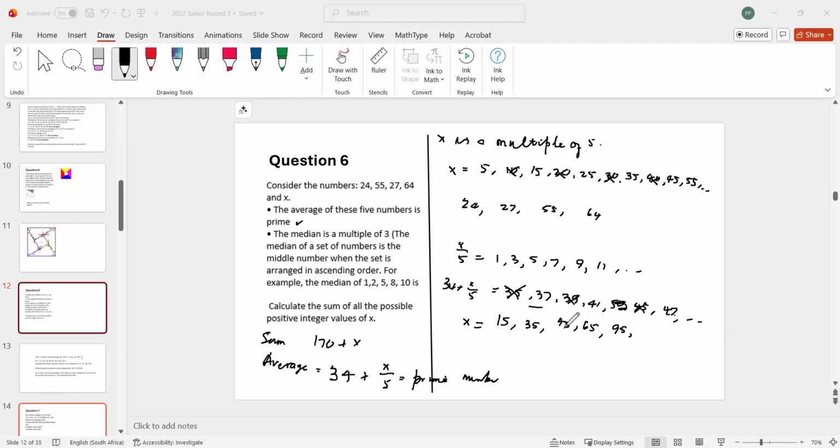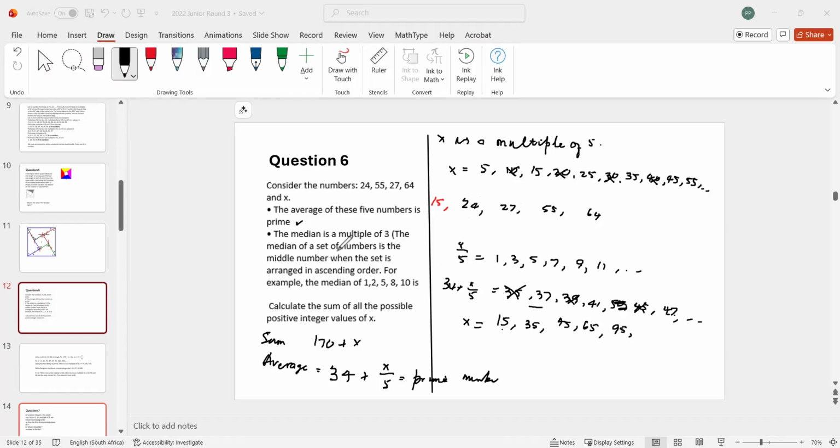Now in this case, let's work out x is going to be the middle number. So if x could be 15. If x is 15, then you have to put it there, and the middle number is 27.